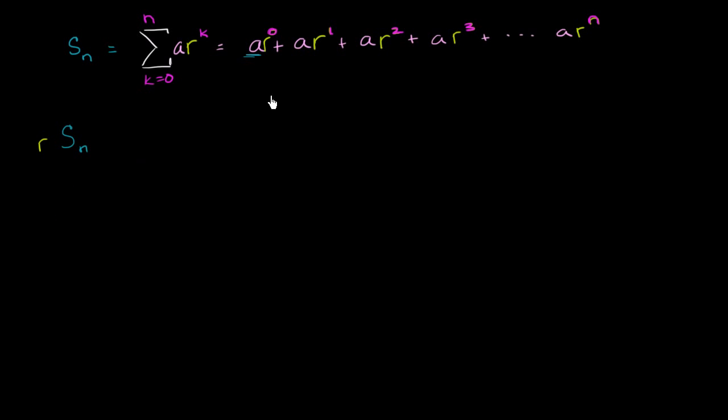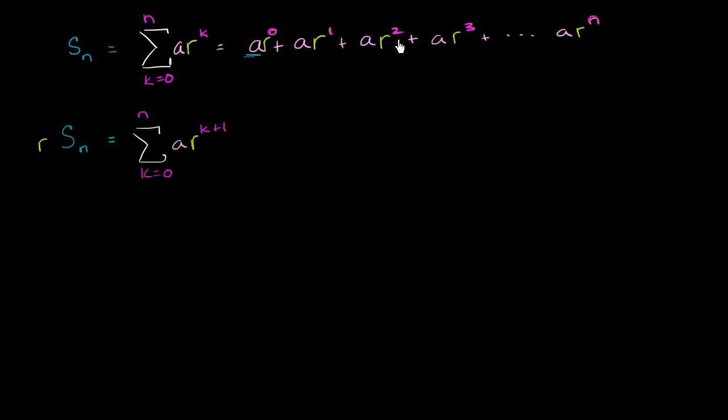Well, we're just going to multiply each term here by r. And we could even multiply this thing by r if we want as well. This would now be the sum from k equals 0 to n of a times r, but now instead of r to the k, we're multiplying each of these terms times r again. So it's going to be r to the k plus 1 power.